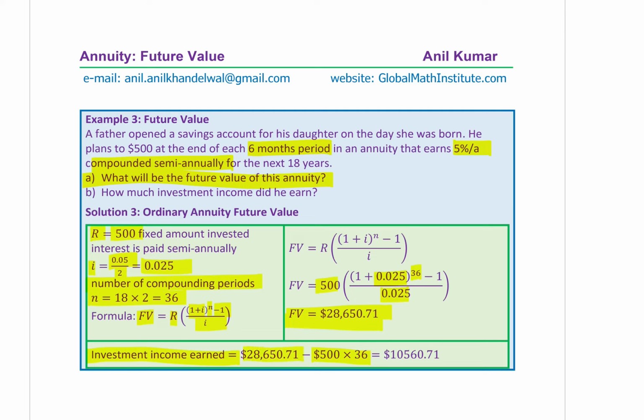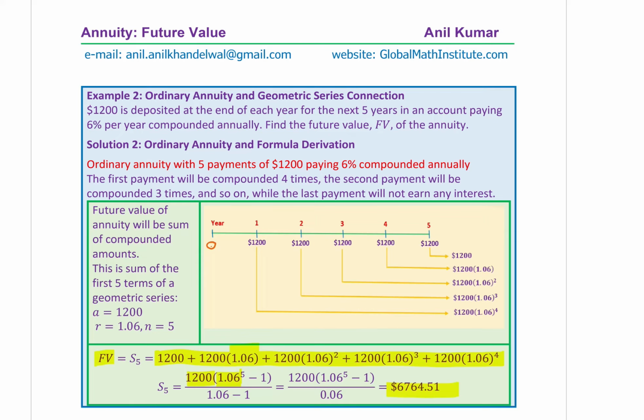Then you know how much interest was earned, which comes out to $10,560.71. Perfect. So I hope now the concept is clear. This formula you can directly correlate with the geometric series formula, the sum of a geometric sequence, and then it becomes simpler to work with.